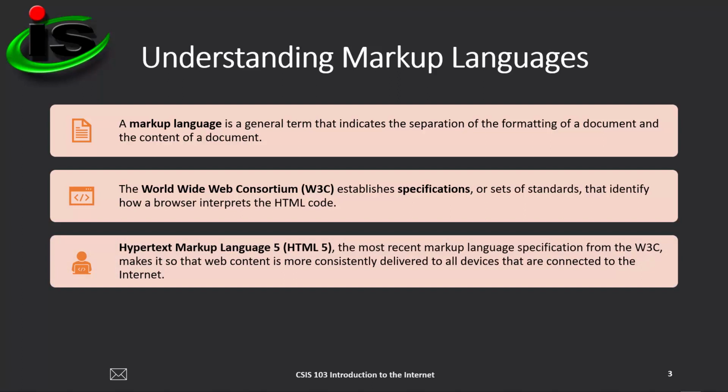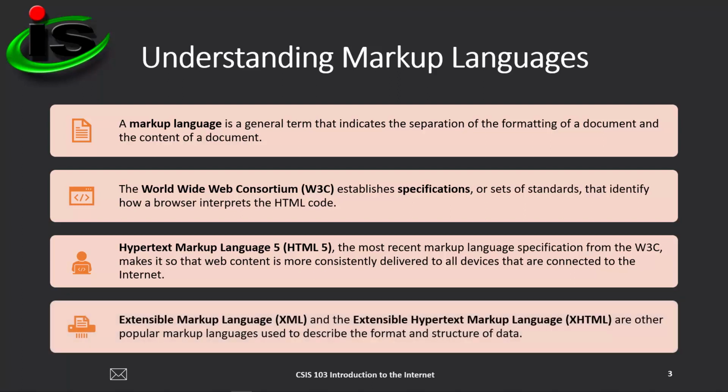The Hypertext Markup Language 5, or HTML5, is the most recent markup language specification from the W3C. It makes it so that the web content is more consistently delivered to all devices that are connected to the Internet. The Extensible Markup Language, XML, and the Extensible Hypertext Markup Language, XHTML, are other popular markup languages used to describe the format and structure of data.